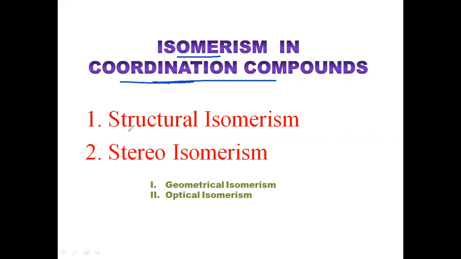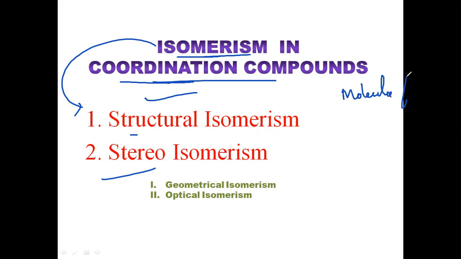Let us understand first that isomerism is classified into two types: structural isomerism and stereoisomerism. Just now I told you that isomers have the same molecular formula, but different properties.